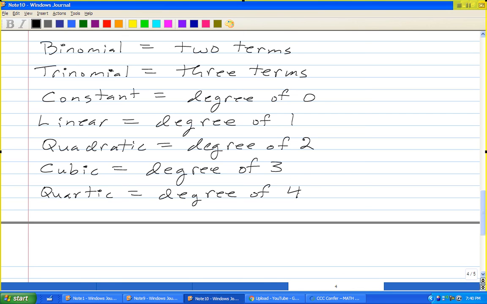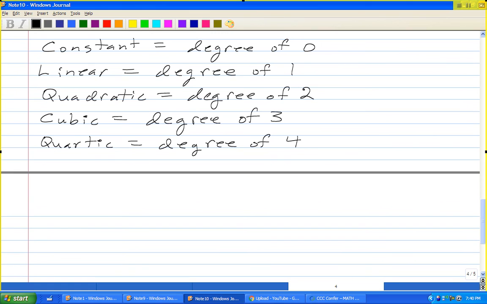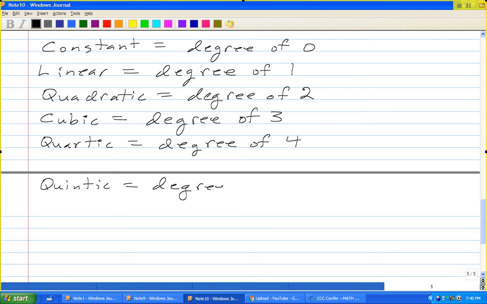Sometimes it's also called a biquadratic instead of a quartic. Quintic, polynomial of degree 5. And you can keep going up, etc.